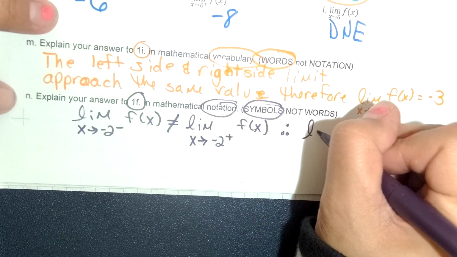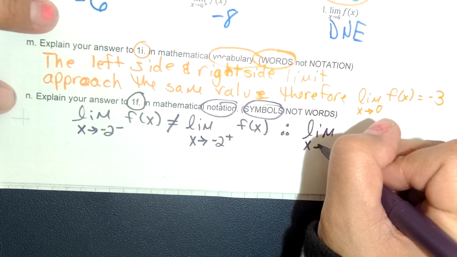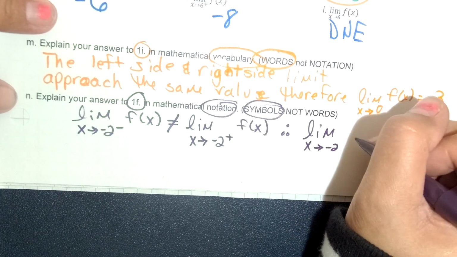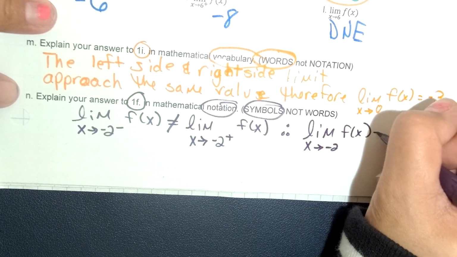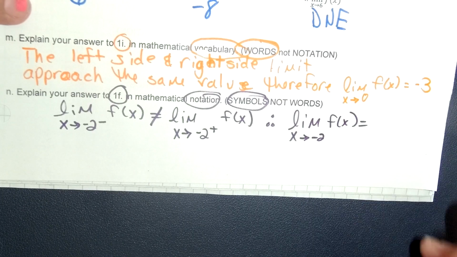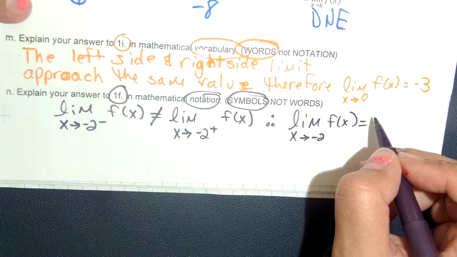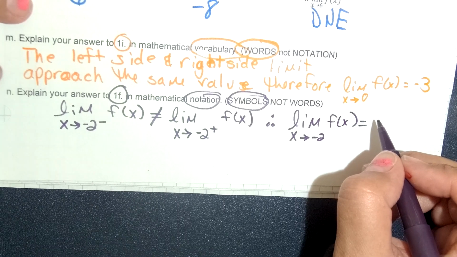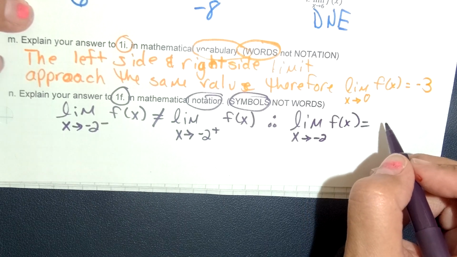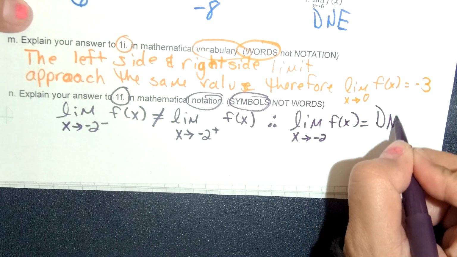Therefore, the limit as x approaches negative 2 of f of x is what? What do we say when two things are not equal in limits? D and E.